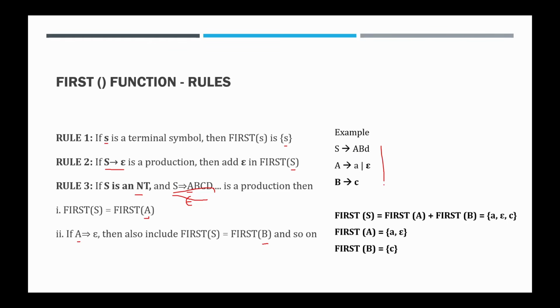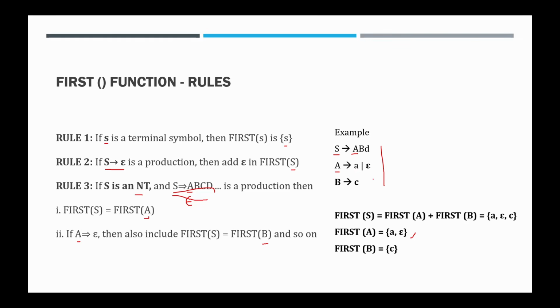I have given one example here. S tends to ABD. What is first of S? First of A, so we need to find first of A. A is a terminal symbol, and we have only one symbol on the right hand side, so if it is a terminal, just add it.